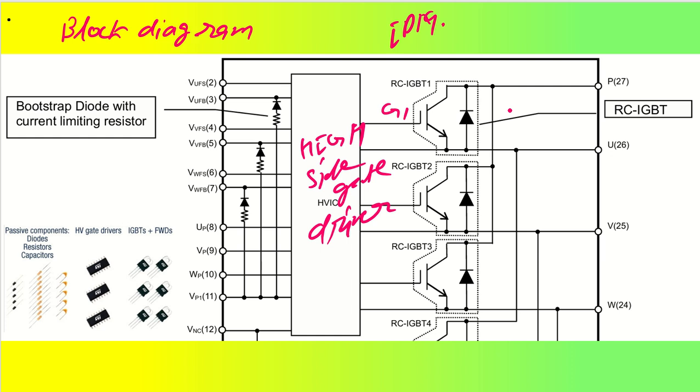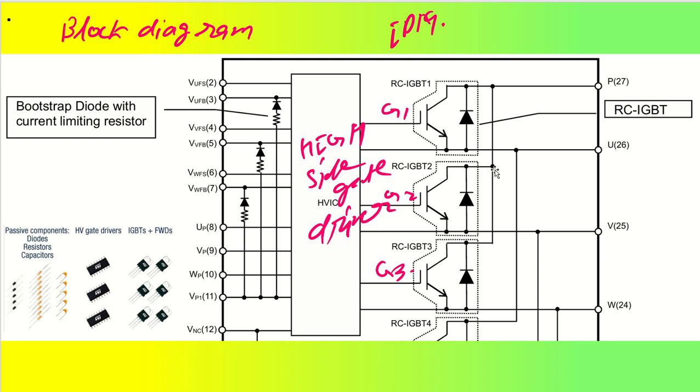This is my gate 1, this is my gate 2, and this is my gate 3 of the high side IGBTs. Other thing is we have a bootstrap diode with current limiting resistors connected inside, so there will not be an overcurrent problem. The gate drivers are saved from overcurrent, short circuits or something like that.